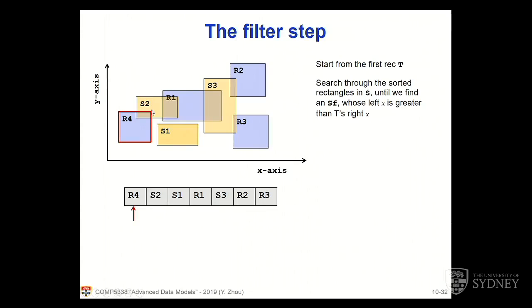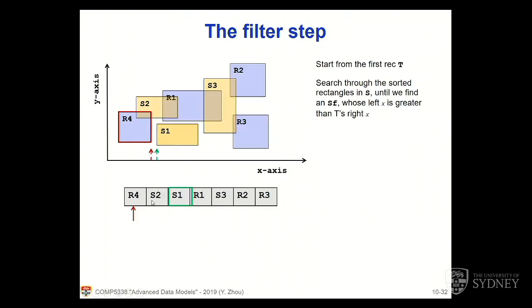First we find S2, and this is not greater than the right x of the first rectangle, it's still within, so we move on. We go to S1. And S1's left is greater than this, so we stop here.